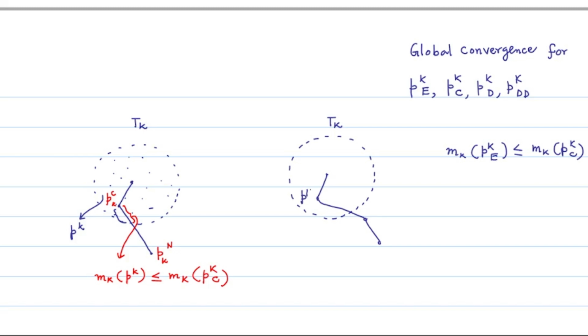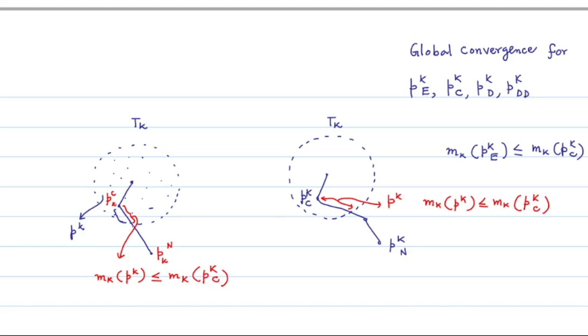the double dogleg path in between pkc and pkn, and inside the trust region you consider any point over here as pk. Then at that pk you have mk(pk) less than or equal to mk(pkc).